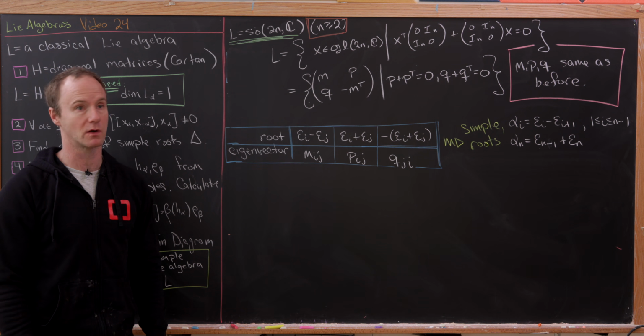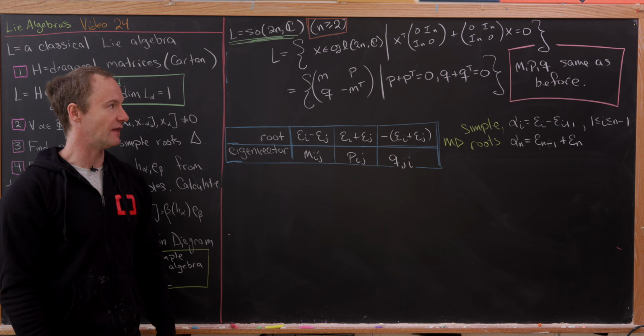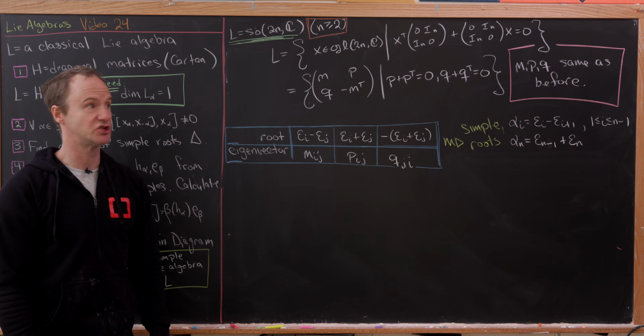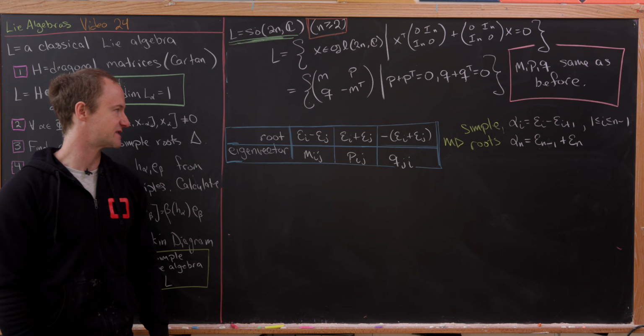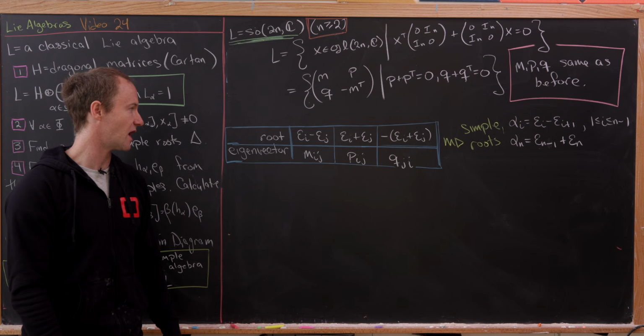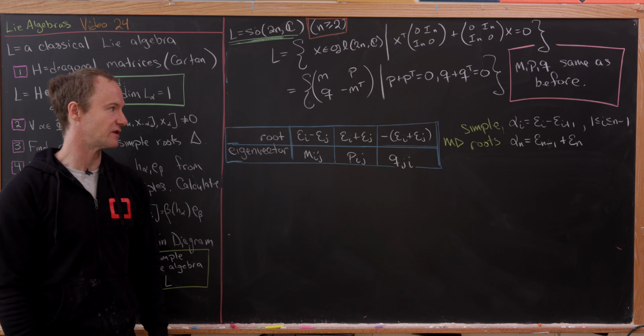It's actually the lower block of the 2n plus 1 case. And then, like I said over there, M, P, Q are all the same, and thus we can make an Mij, a Qji, and a Pij very similarly. And that brings this truncated version of the root eigenvector chart that we had in the previous case.